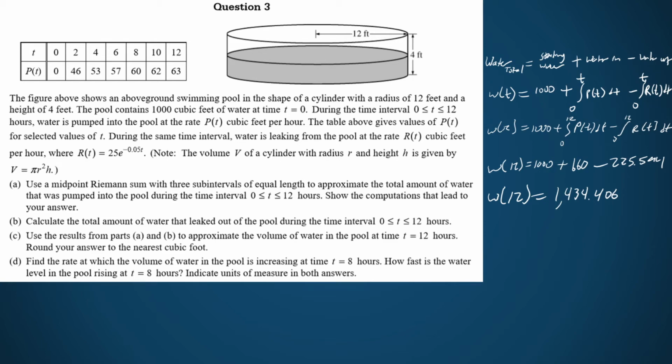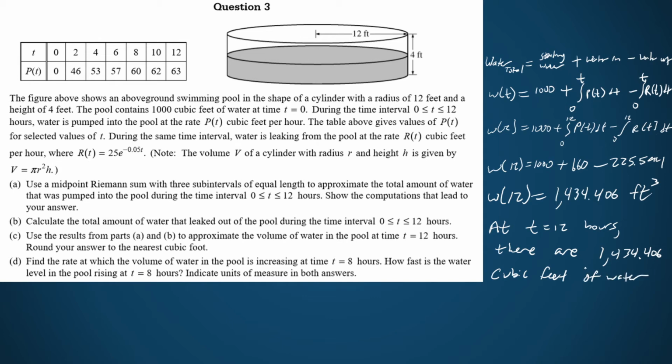And then what are my units? Cubic feet. Okay, cubic feet again. So at t equals 12 hours, there are 1434.406 cubic feet of water in the tank.